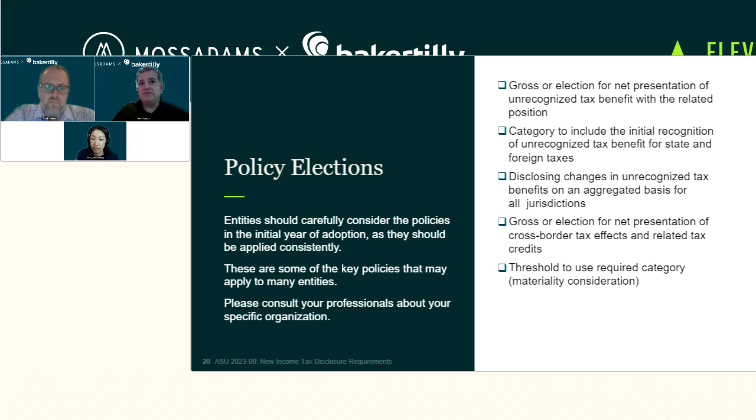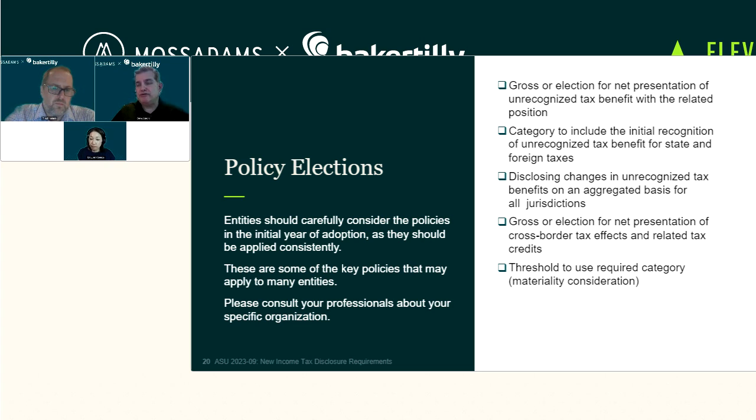So I think we covered most of these going through Tim's presentation: gross versus net presentation on unrecognized tax benefits, including the initial recognition of an unrecognized benefit in the category to which the gross tax position is recorded, whether that's an R&D credit, recording that net, or a state benefit net, or a foreign tax position benefit net of the unrecognized tax benefit.